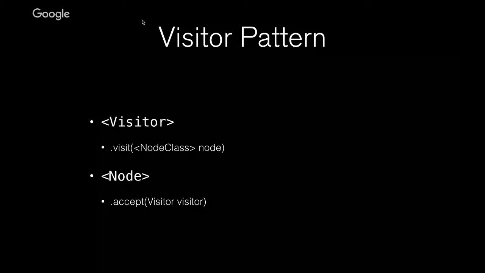A visitor has a method for each kind of node that it can visit, and nodes, from the top of the tree, can accept a visitor, and all the logic of going through each one of the node's children is handled in a single place, and as a visitor, you're only notified when you walk through a node.